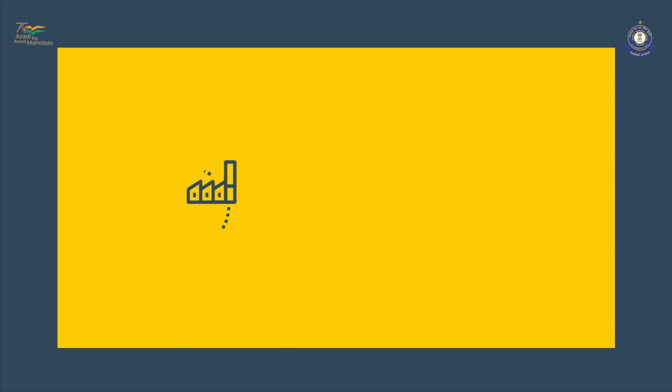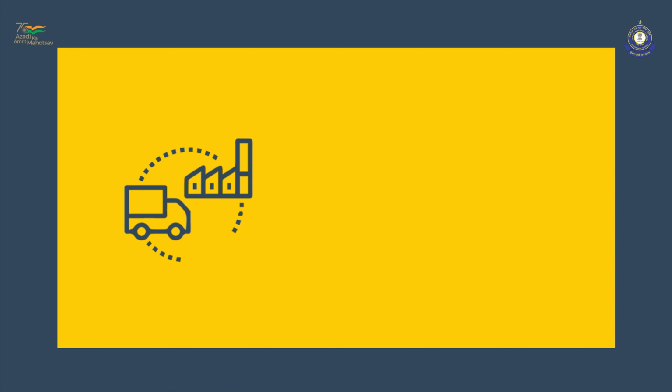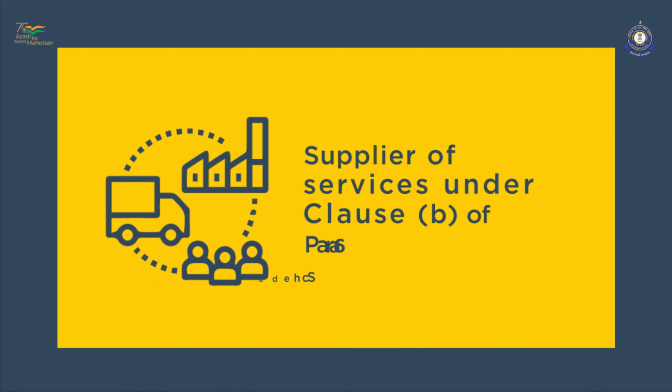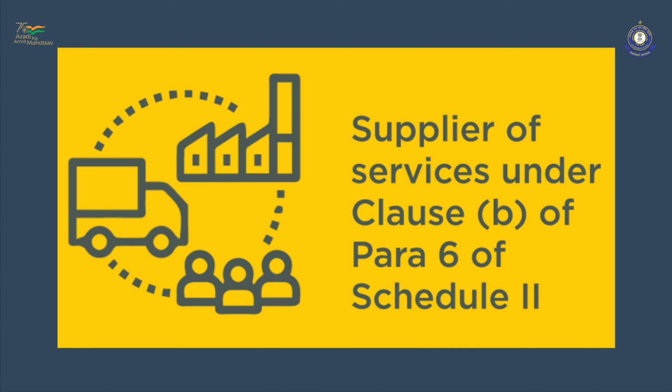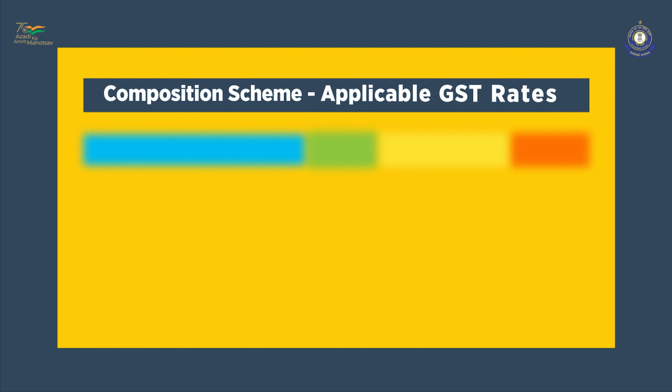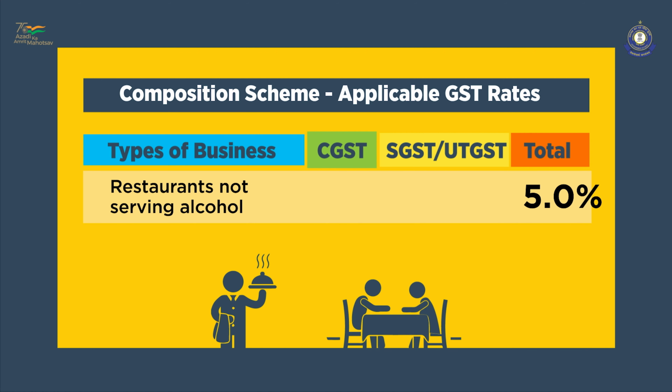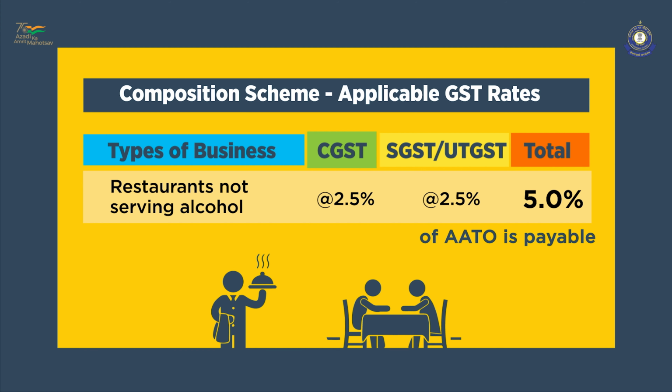For an eligible person engaged in making supplies mentioned in Clause B of Para 6 of Schedule 2 of the CGST Act, like a provider of restaurant service, tax at rate 5%, 2.5% CGST and 2.5% SGST or UTGST of annual aggregate turnover is payable.